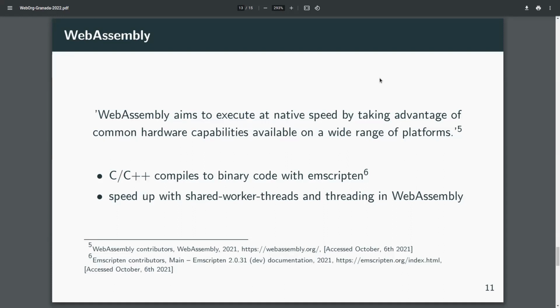This also has the capabilities to have access to the shared worker threads, which is a simple way to have multi-threading in the web. That wasn't possible until four years ago or something like that. And I have also written a little test application that uses these shared worker threads.